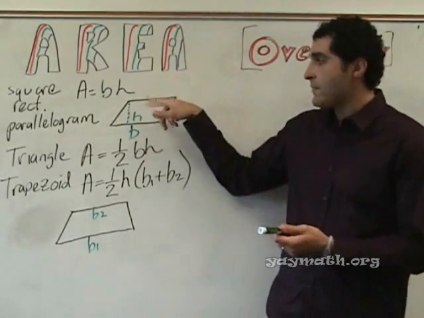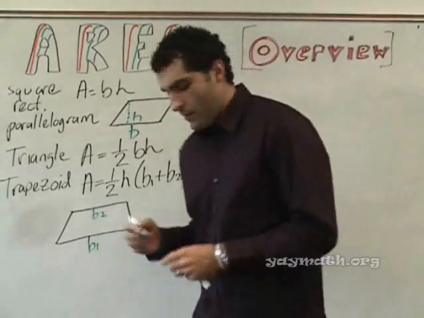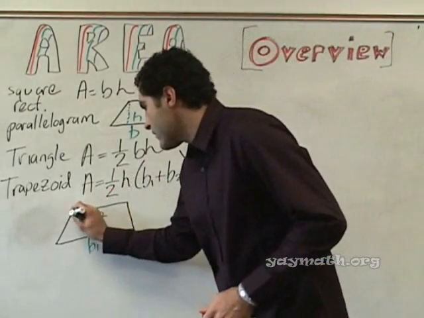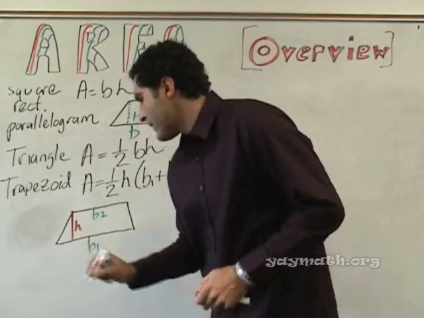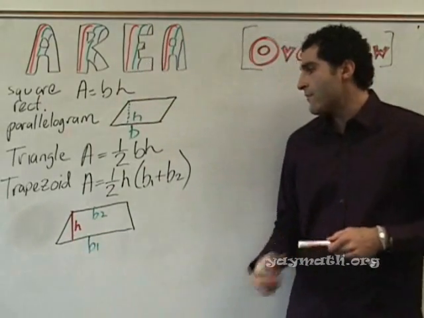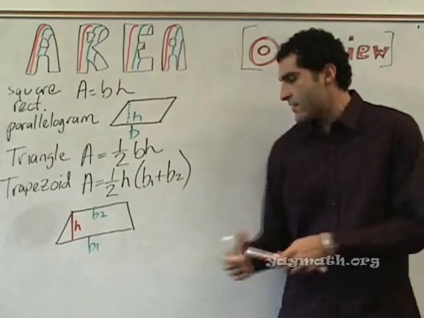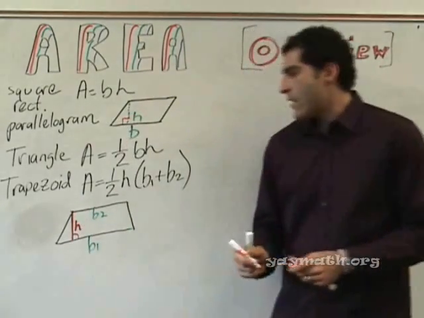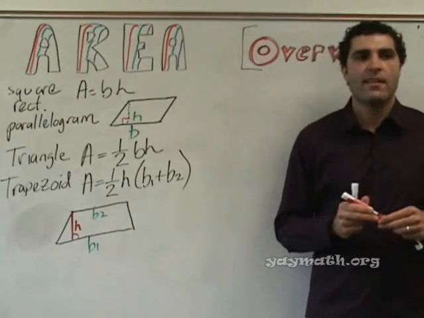The height would be same deal with this. So let's do it in a different color. There's your height there. So it would be 1/2 times the height, whatever that is. Naturally, height needs to be perpendicular. And then add up the bases and multiply that.